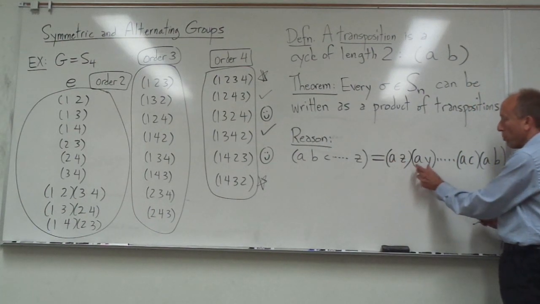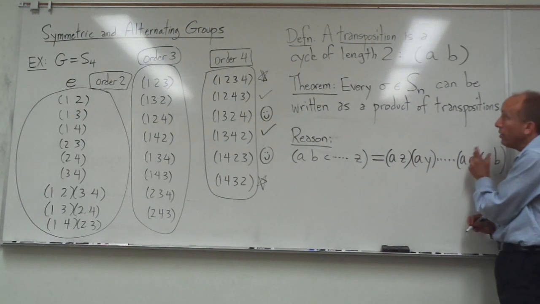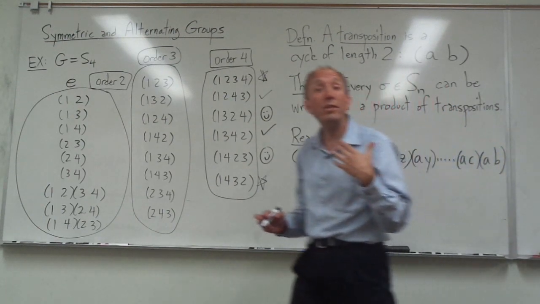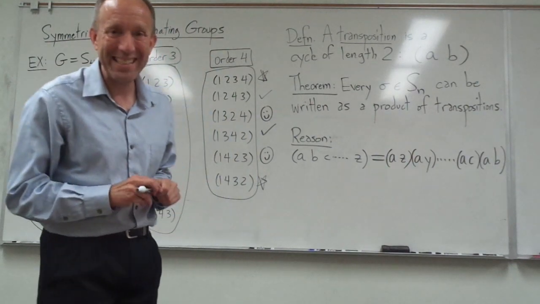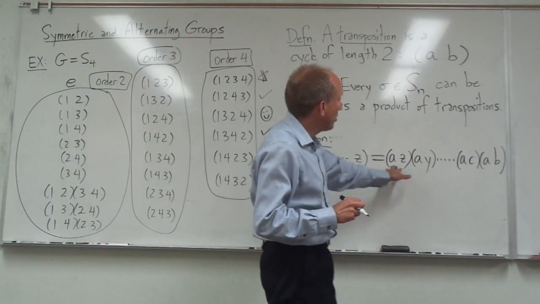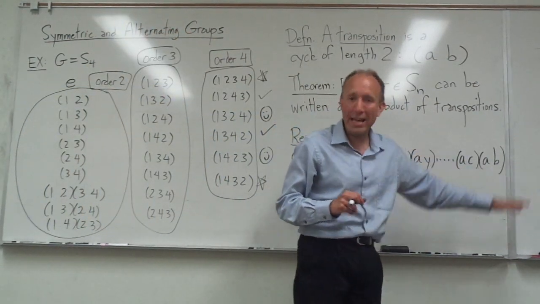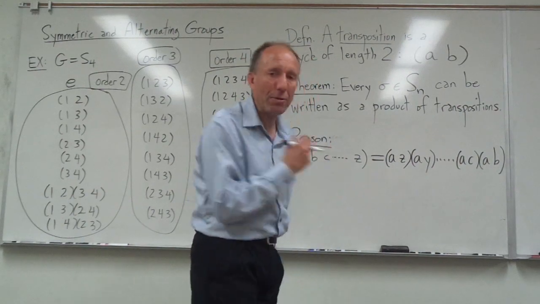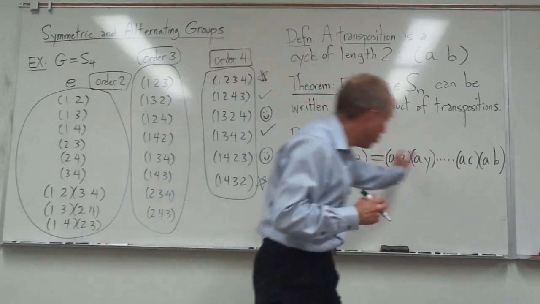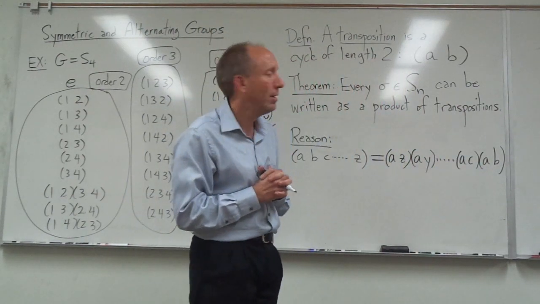Notice that this is just a product of transpositions here. Notice that I did not say disjoint transpositions. These transpositions all share the letter A, don't they? It's not a unique representation, and it's not a disjoint representation.